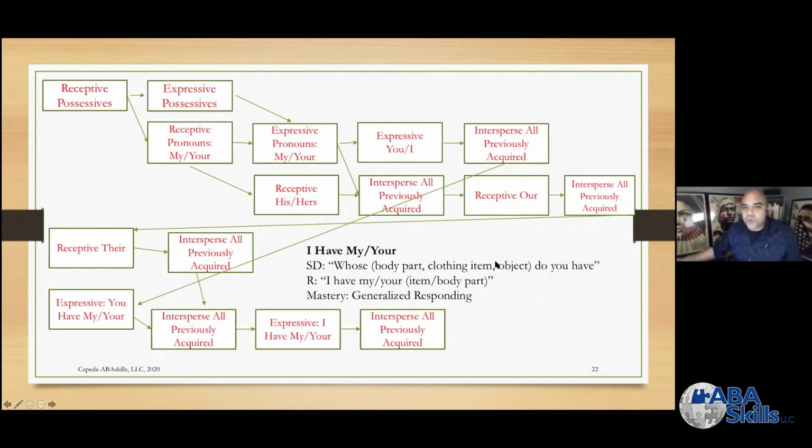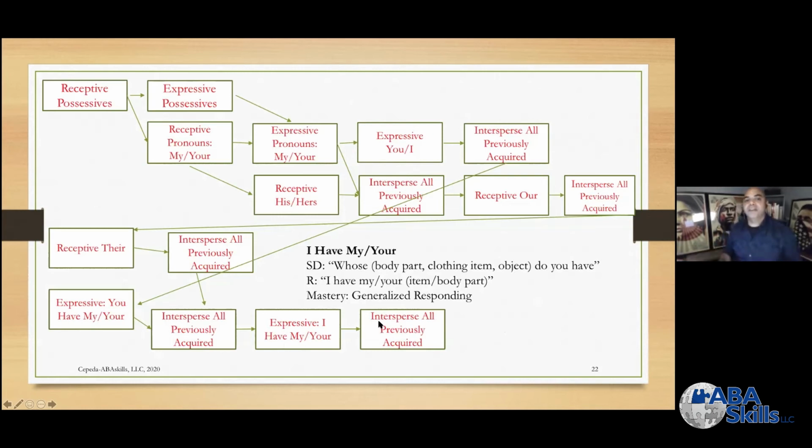So whose arm do you have? Whose shirt? I have my, your item. Whose toy? Whose toy do you have? I have my toy. Hand him a different toy. Hand him your phone. Whose phone do you have? I have your phone. Okay, then what do we have to do?